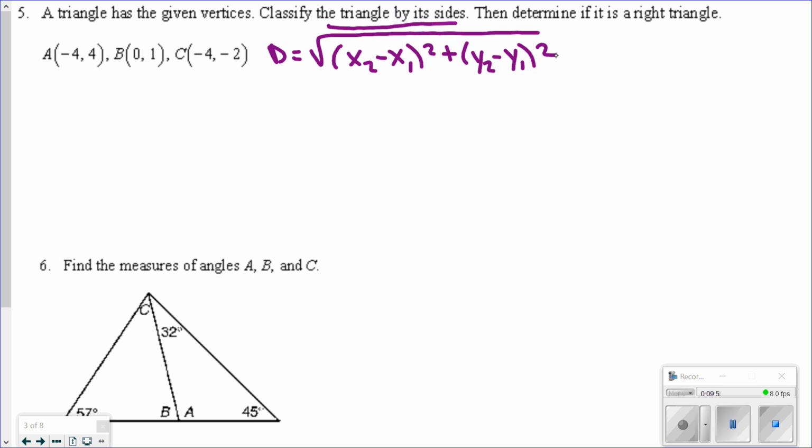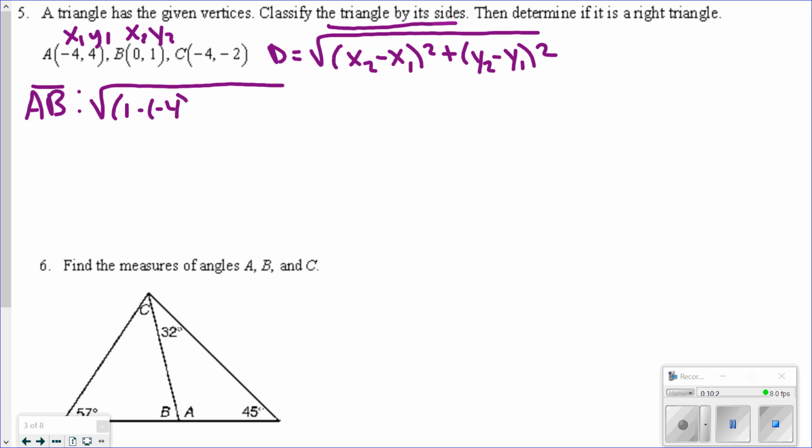We're first going to find the side from point A to point B. So I'm going to call this x1, y1, x2, y2. All right, so let's plug those coordinates right into our distance formula.